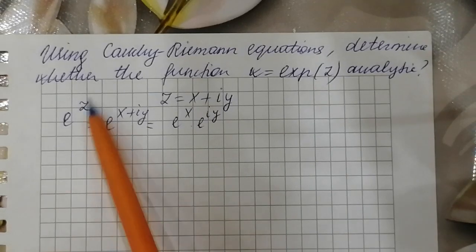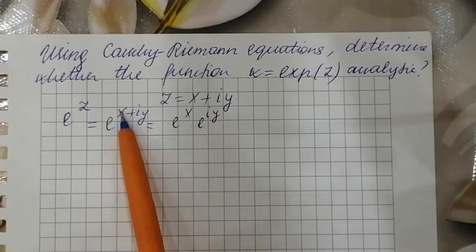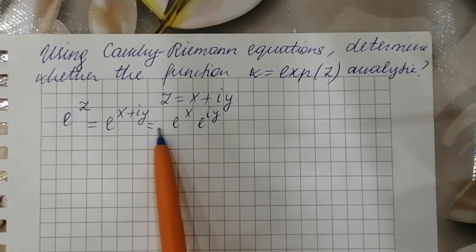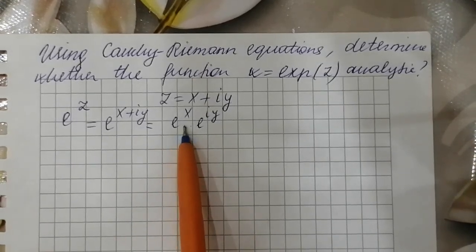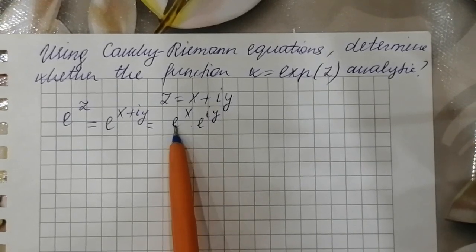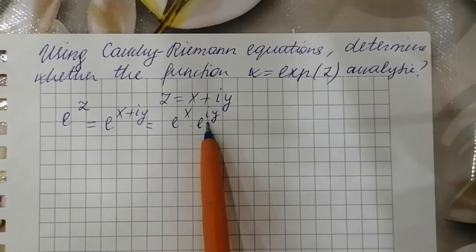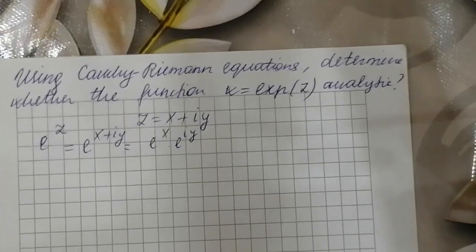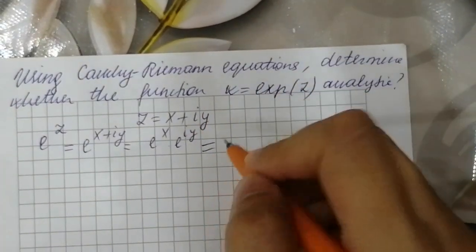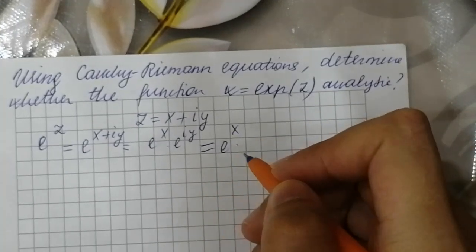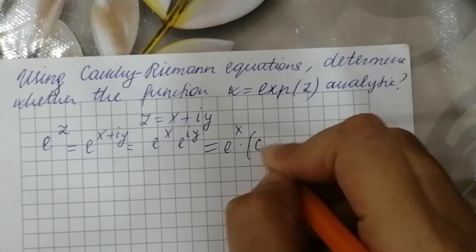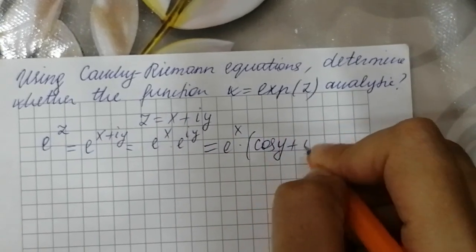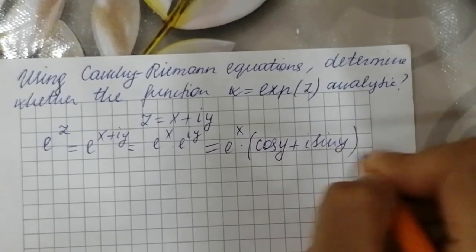And e to the power of z can be written in this form: e to the power of x plus iy, which is equal to exponential x times exponential iy, e to the power of x times e to the power of iy, which is equal to cosine y plus i times sine y.